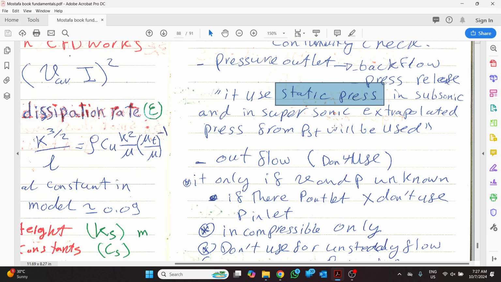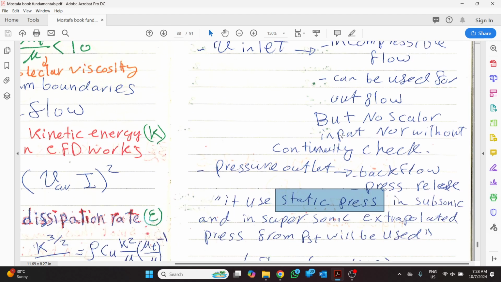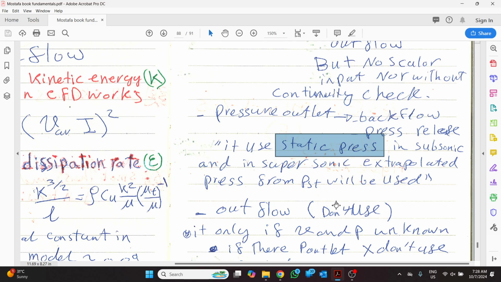One extra point: if there are very high velocities with imbalance between inflow and outflow, and you find the pressure is not releasing or backflowing, that means there is a velocity indication. You have some supersonic issues.